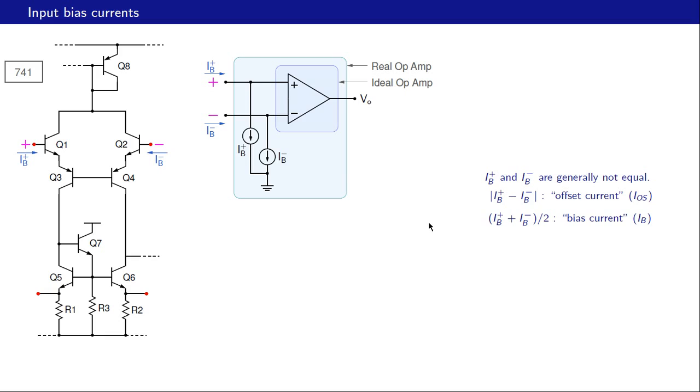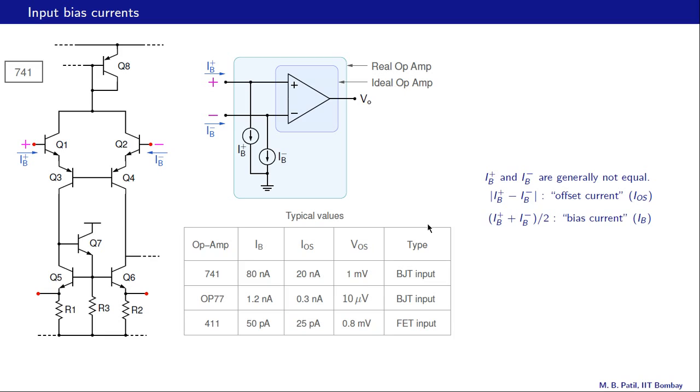Let us now look at some typical numbers. For op amp 741, IB is 80 nanoamperes and IOS is 20 nanoamperes. So the offset current is surely much smaller than the bias current, in this case a factor of 4 smaller.